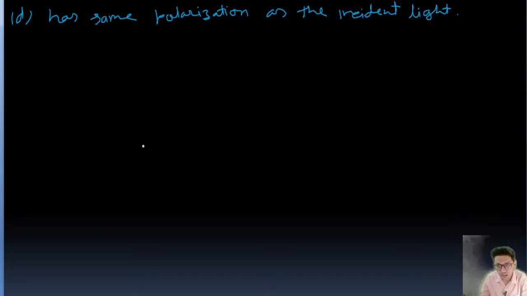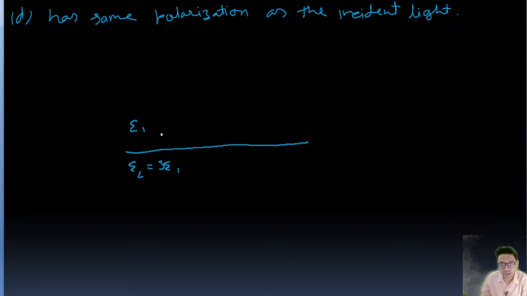Very simple question, I'll show you. So this is a plane of interface. Okay, so this is the medium epsilon 1 and this is the medium epsilon 2, which is 3 epsilon 1, and this is the interface. This is the plane interface formed with the two media, and this is the normal.